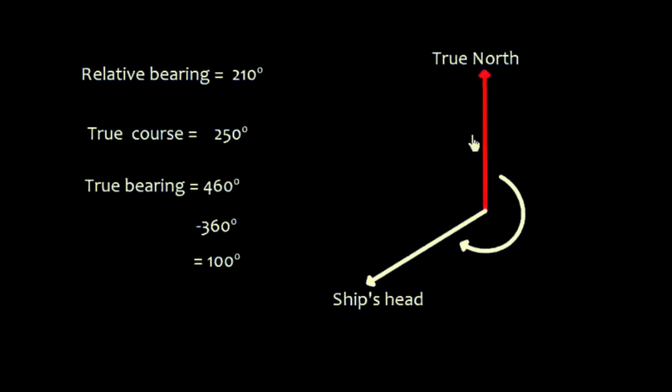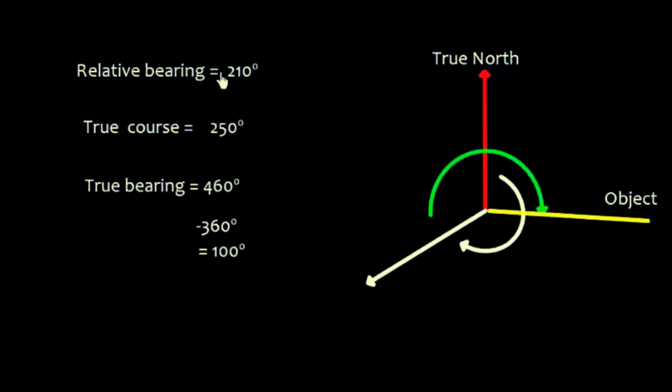Let me explain from this diagram. Well, this is the ship's head. So the true course is 250 degree, that is this angle, from true north to the ship's head, that is 250 degree. Now the relative bearing is 210 degree. That means this angle is 210 degree.